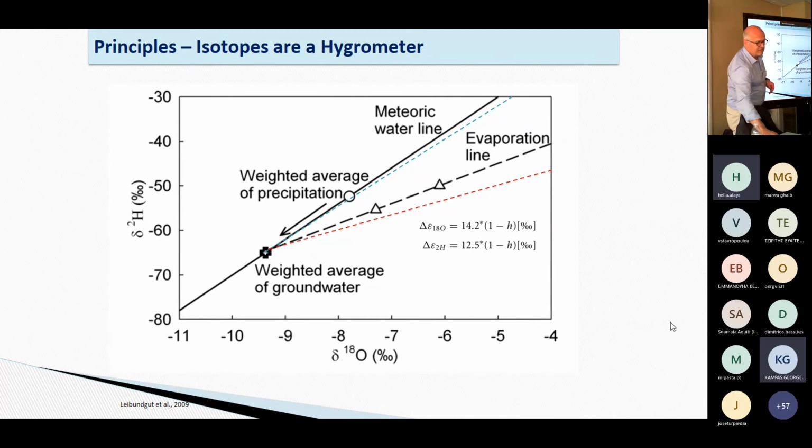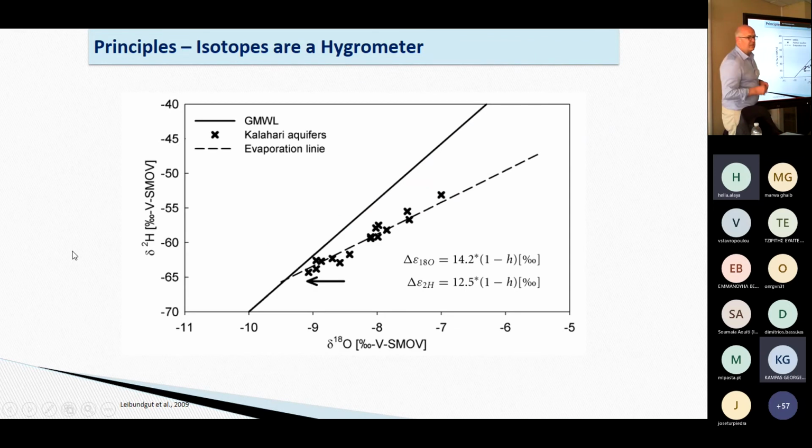I will just show you an example from my own PhD. These were samples that I took in the Kalahari, where you have a lot of evaporation. And so this is a very homogeneous environment in which evaporation took place. So you see, obviously, this is the line where we expect the precipitation to be.